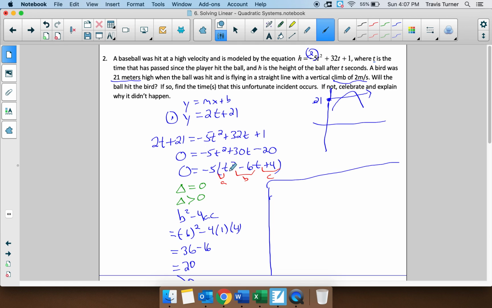because if you look at this equation, two numbers that multiply to give 4 and add to give negative 6 doesn't exist. So my times, and I'm just going to quickly plug all this in. And if you want, you can try this yourself.